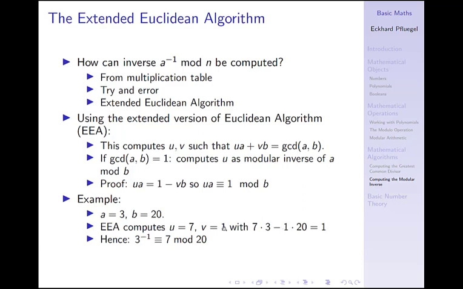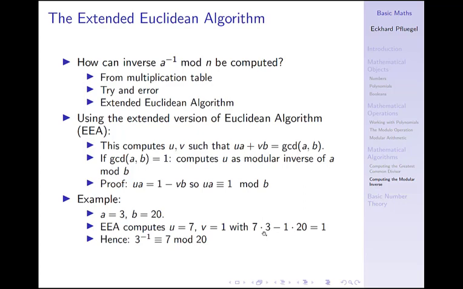So that should be, apologies, that should be minus 1 here. So 21 minus 1 times 20 is 21 minus 20, which is 1. So indeed, we have computed or expressed the GCD, which is 1, as this sort of linear combination.